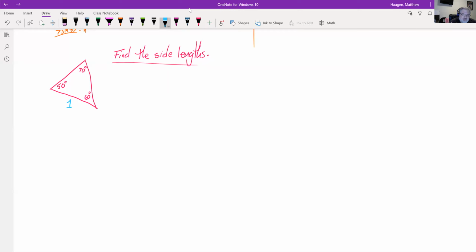Here, I am purposefully choosing the side opposite the largest angle, but you don't have to. It could technically be anything.